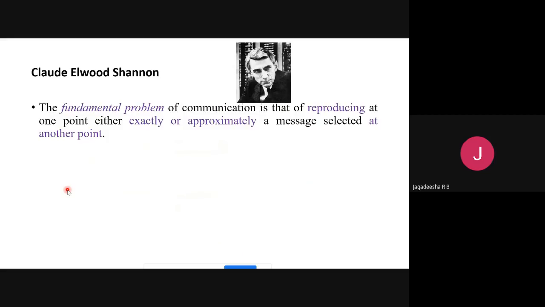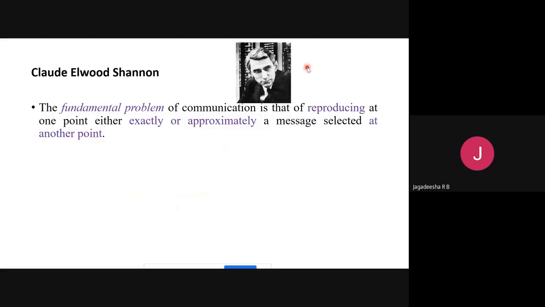Now I need to mention an important person here. He's called Claude Shannon. He had a PhD from MIT, and he's called the father of information technology, because until he discovered some theories on representing information, there were no such theories.